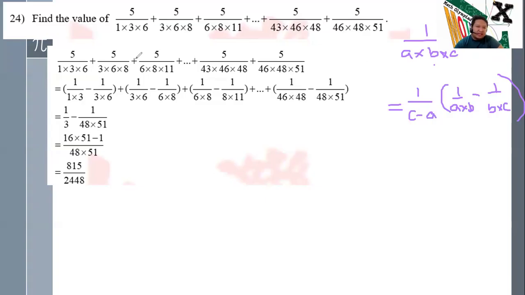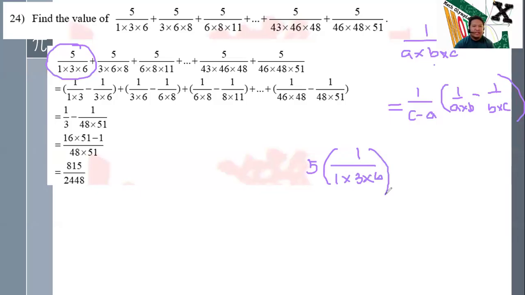So let's show this one here. Again, 1 over A times B times C is equivalent to 1 over C minus A, the biggest minus the smallest. We can factor out the 5, so that's 5 times 1 over 1 times 3 times 6.